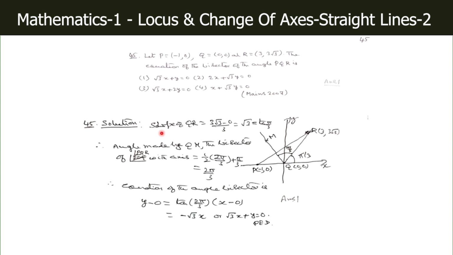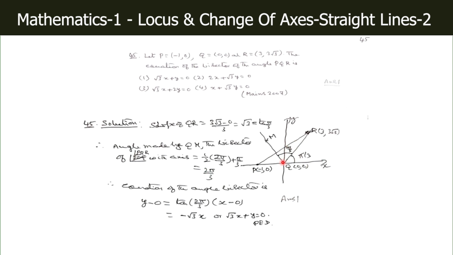Now you know that the slope of QR is (3 root 3 minus 0) by 3, which is root 3, nothing but tan pi by 3. And the angle made by QM, that means the angle bisector QM of angle PQR, with the x-axis is equal to half of (2 pi by 3 plus pi by 3), which is 2 pi by 3.